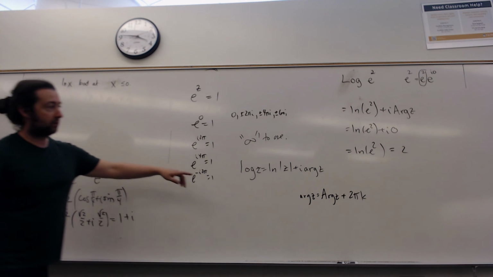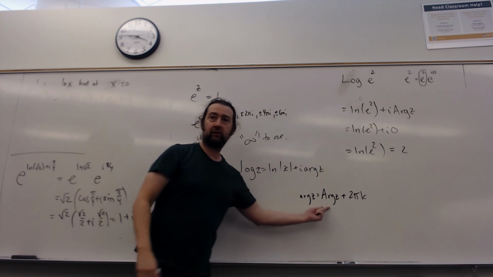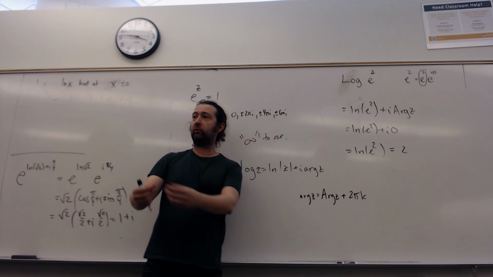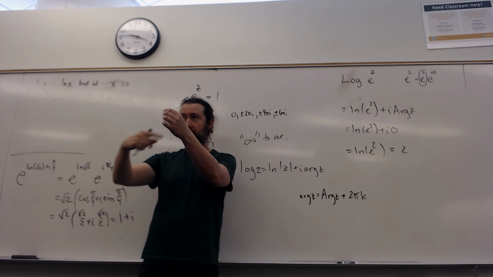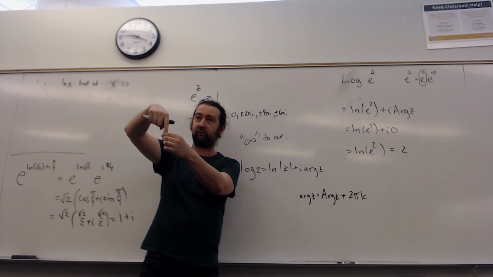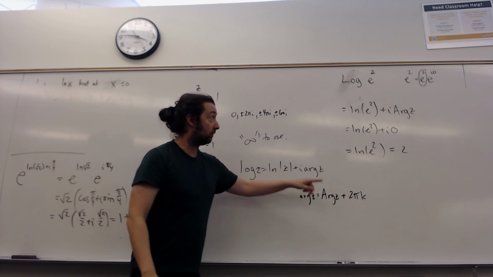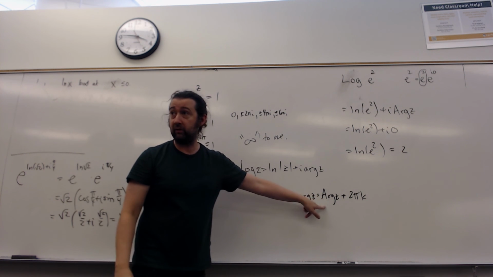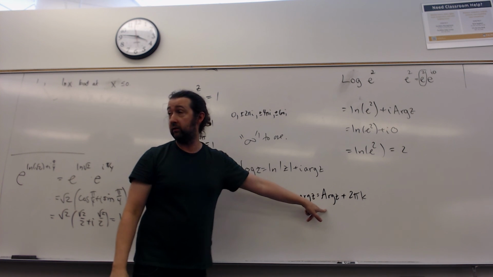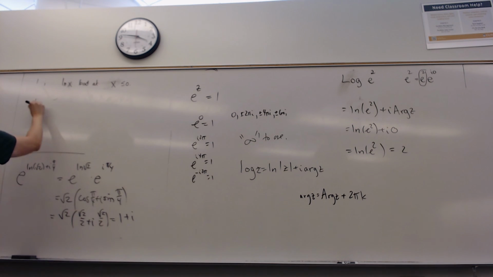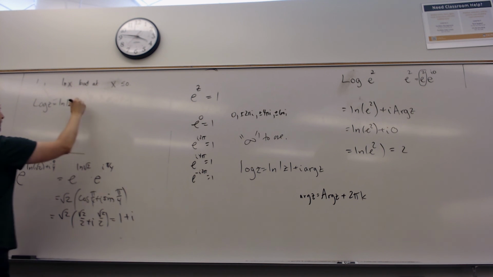Do you remember that I pointed out that the arg function that we define this in terms of has a branch cut where if we approach the angles from one side, they look like minus pi, but if we approach from the other, they look like positive pi, so there's a discontinuity there. That discontinuity, because the log is defined in terms of the argument, it has the same discontinuity. So log z, which is equal to ln, this will never be a problem because you're only taking natural log of positive numbers.